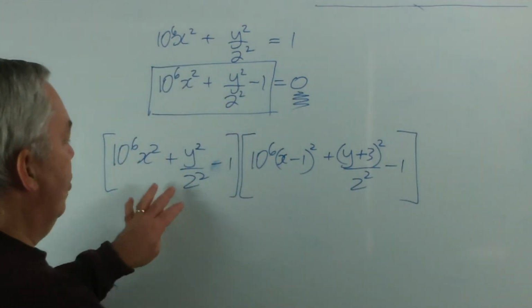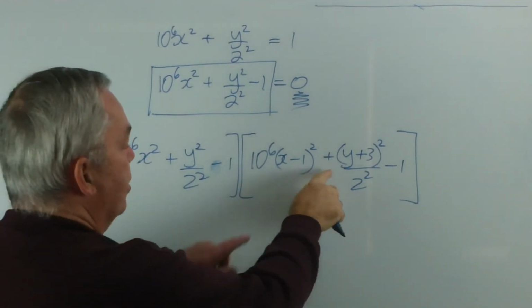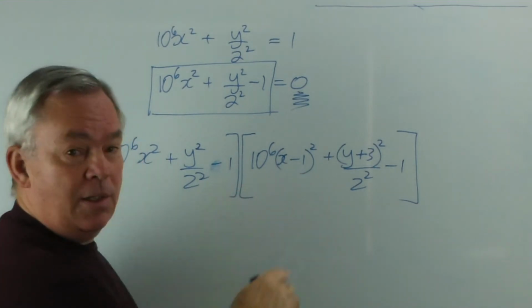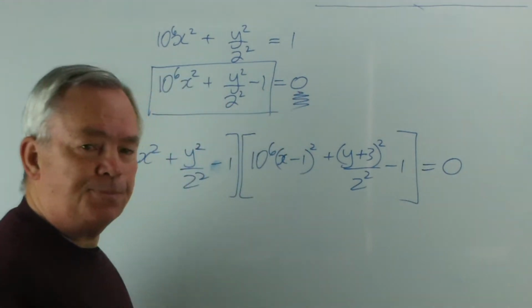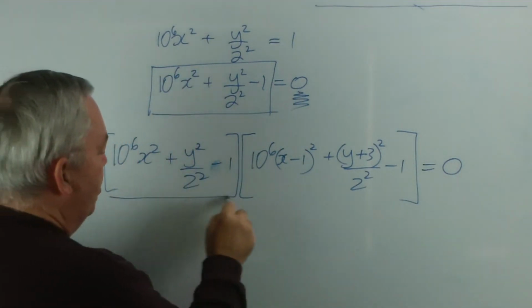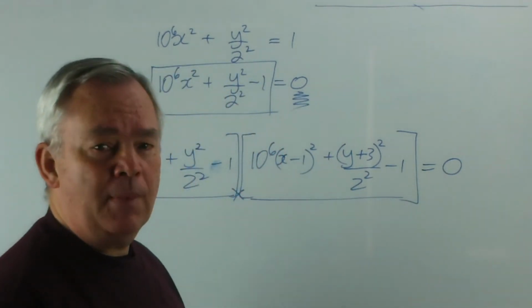You can see that it's almost identical. It's certainly identical in structure. All I've done is I've changed the origin. So I've created another line in a different part of the graph. Let's set this equal to 0. What's actually happened here? I have two expressions multiplied together to make 0.